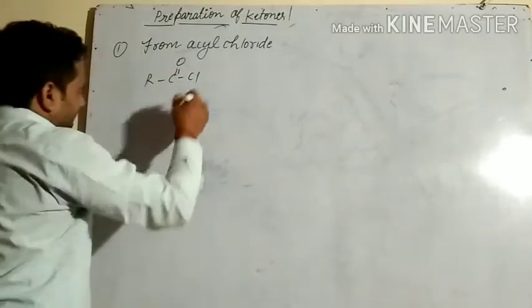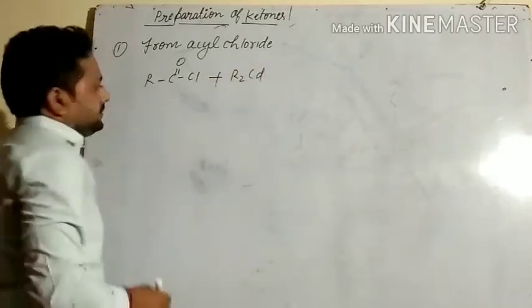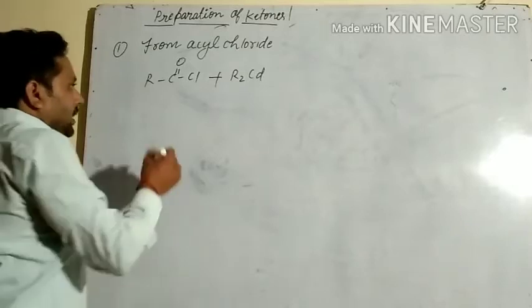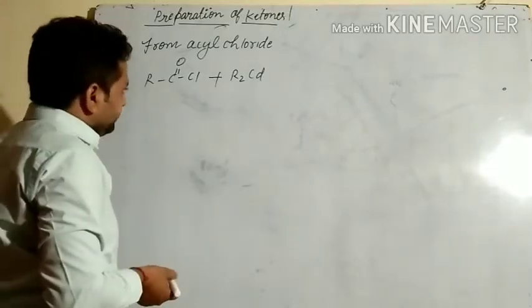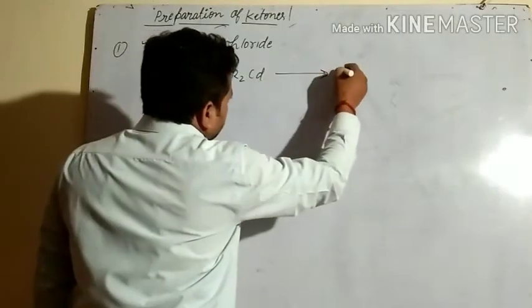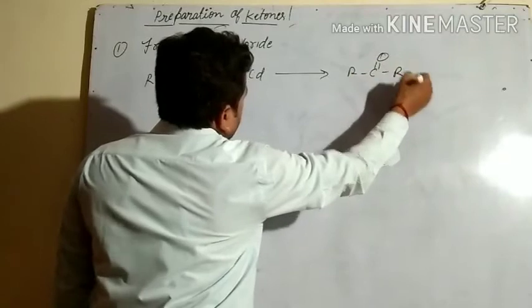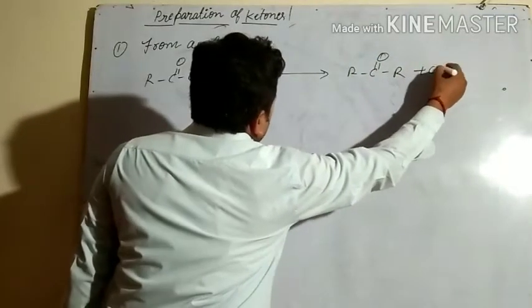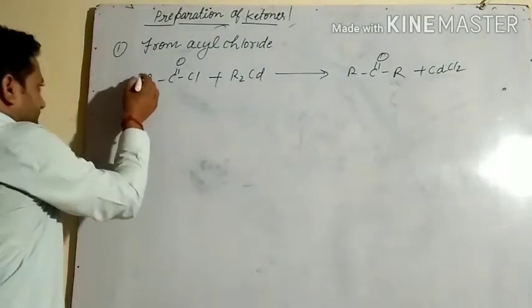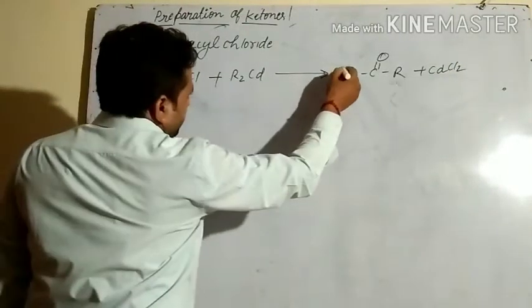When acyl chloride reacts with dialkyl cadmium, it forms ketone. It forms ketone. So for balancing we will make it 2. There also 2.